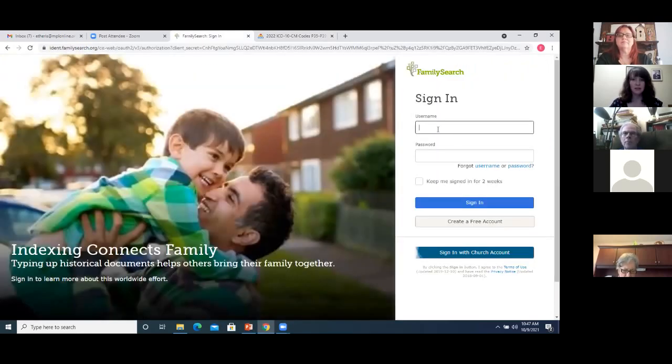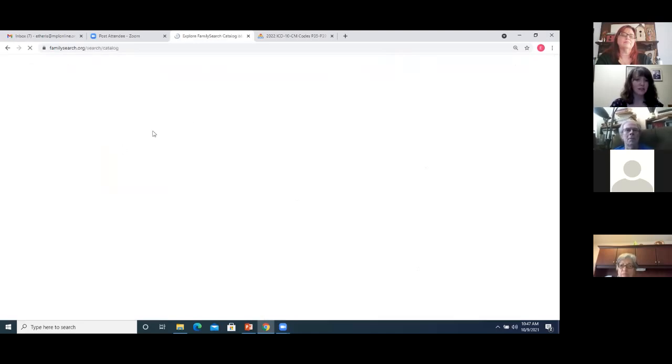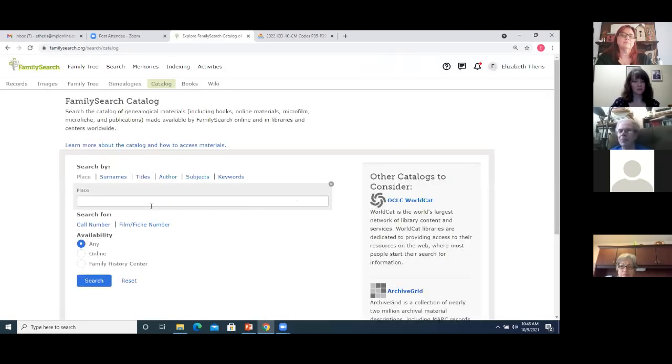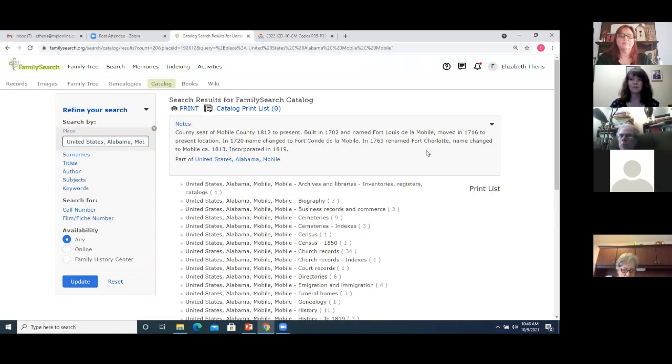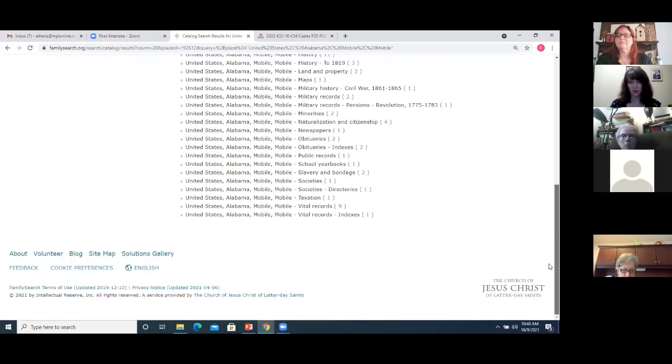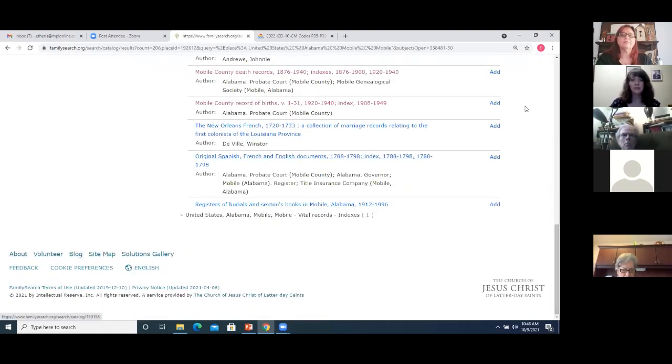It kind of ties in with the Alabama deaths from 1908 collection, but if you go to the catalog and search by location, for Mobile as a place and vital records, they do have Mobile County death records from 1876 through 1940.